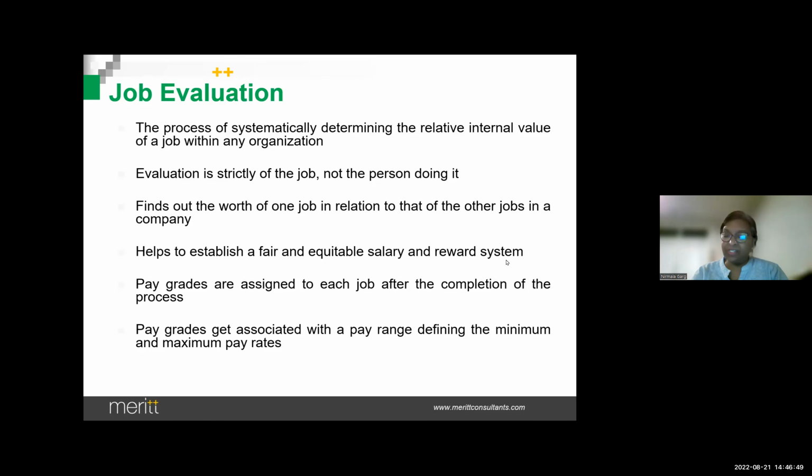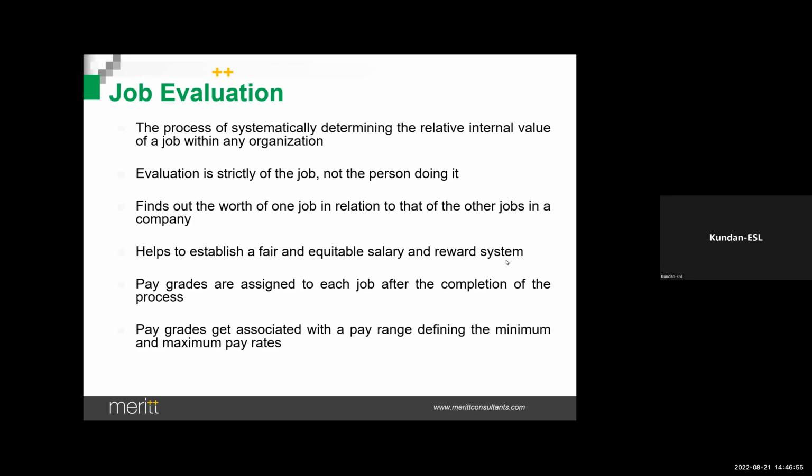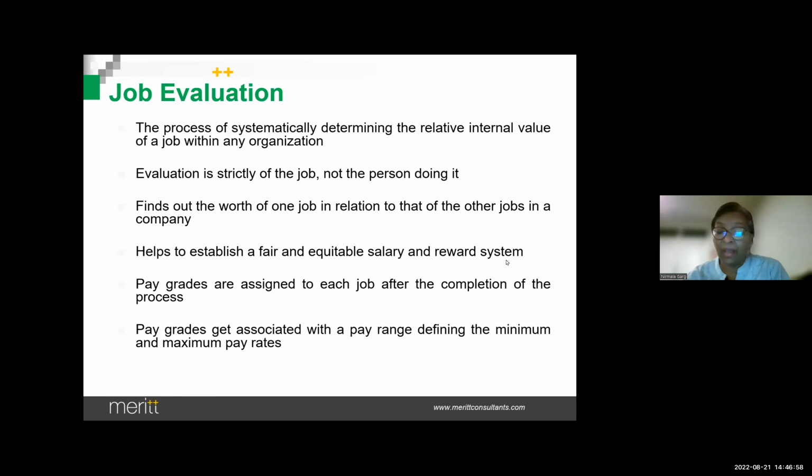So it's very important, as an HR person who wants to understand job evaluation, to understand that job analysis is the systematic process of analyzing the job. It could be through a questionnaire method, a logging method, or an interview method, but it's a systematic process of analyzing the job for the purpose of documenting the job description.